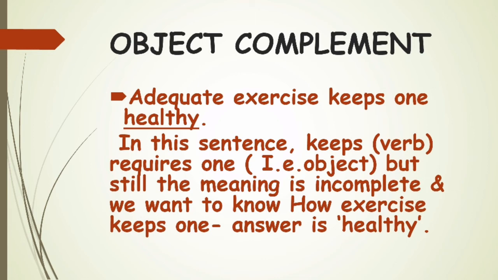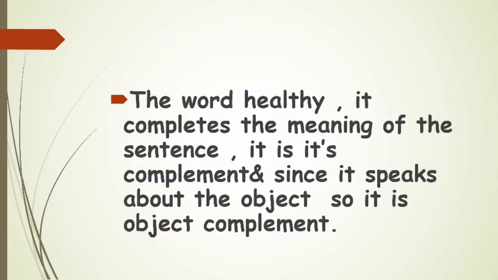So let's suppose adequate exercise keeps one healthy. Here healthy is completing the sentence. We want to know how exercise keeps one. How does exercise keep someone? Healthy. So healthy will be the object complement because it is describing one, which is our object.